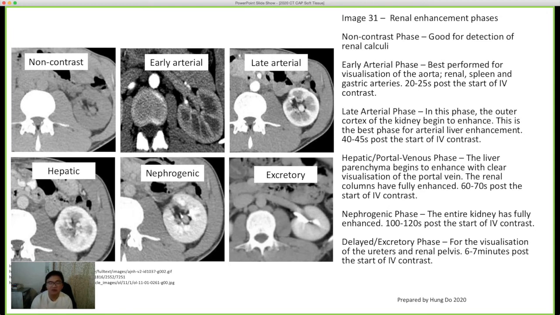In the days before CT to do an IVP, a lot of our predecessors would have done compression IVP, so they would put bands across the table and basically strap the patient down and squeeze the contrast out of the kidneys forcibly so that it can go through the ureters and into the urinary bladder. Fortunately, those days are now gone, and so we now just wait 10-15 minutes, and hopefully with the CT, we'll be able to answer the question.